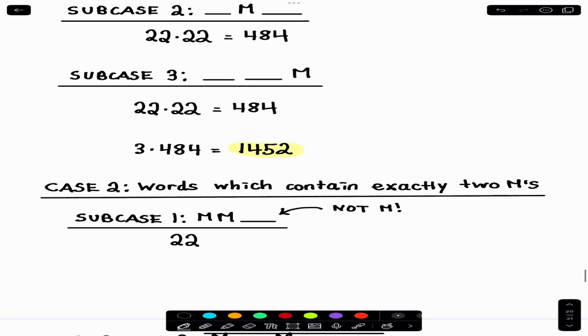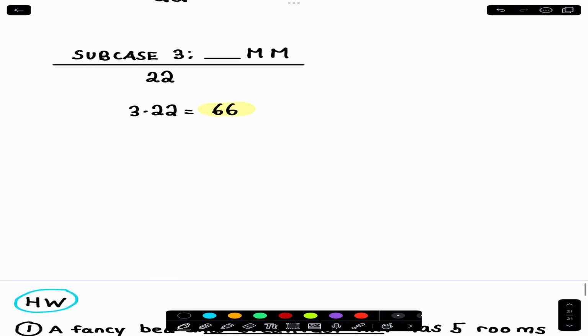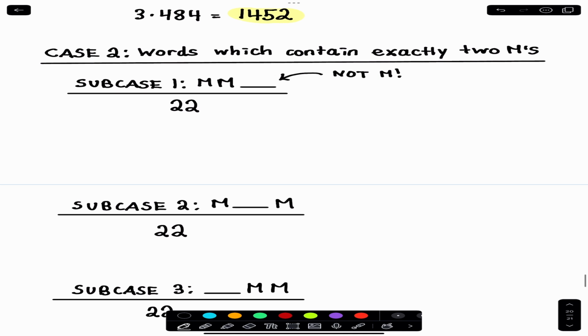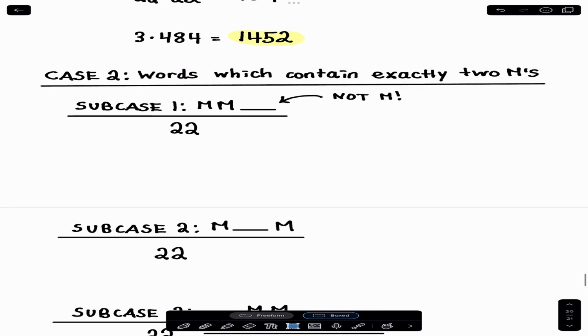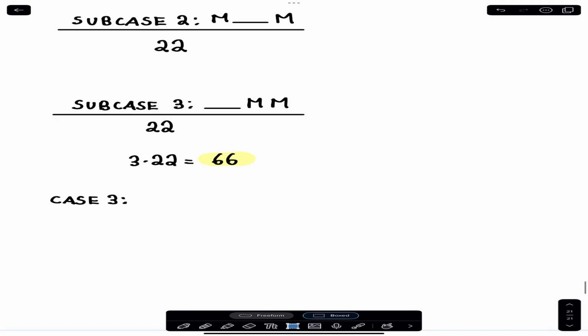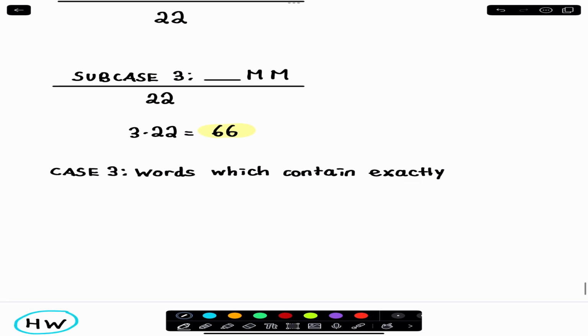So again, keeping everything nice and organized, we have a 1452, we have a 66, and guess what? We have one final case to cover, but this one should be pretty easy to count because this is going to be the words which contain exactly 3 M's in all positions.